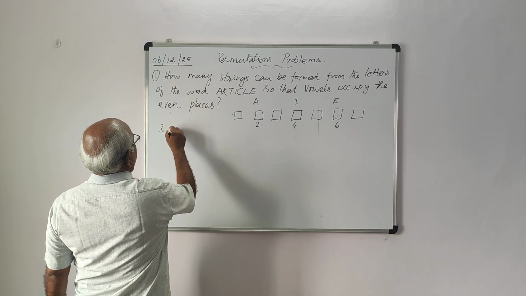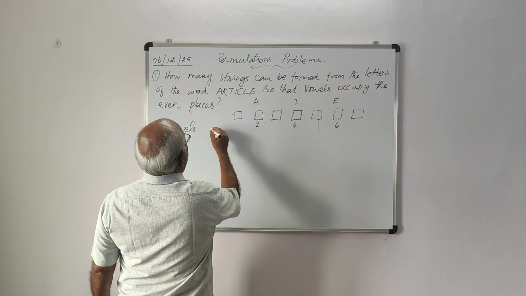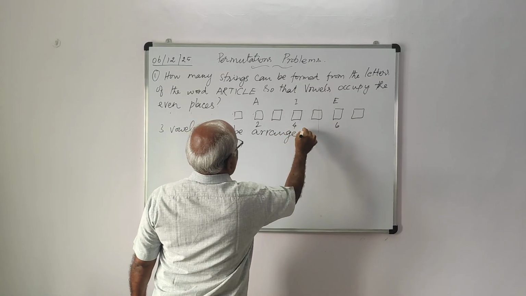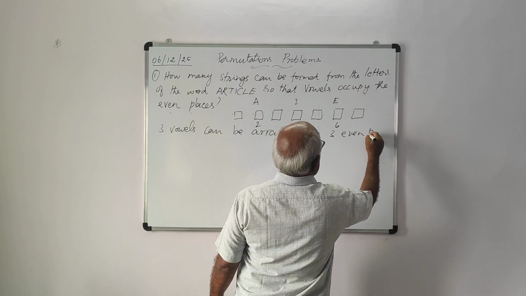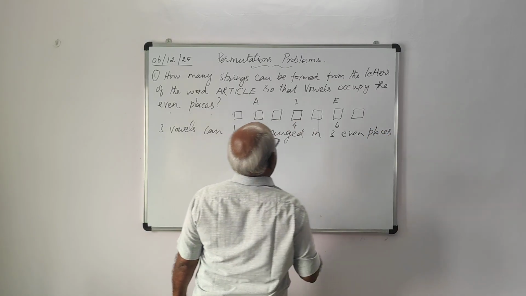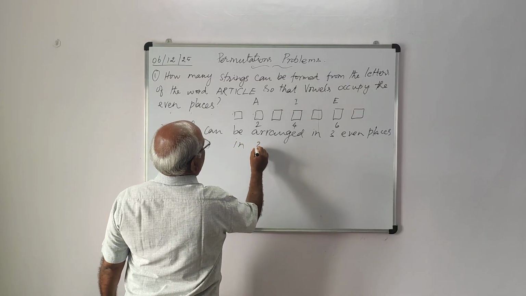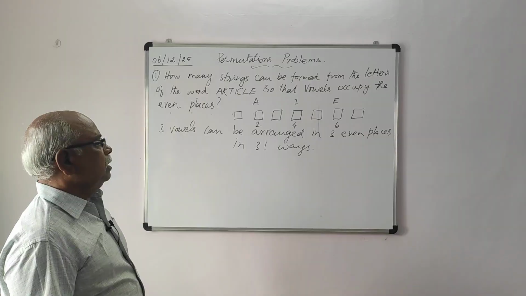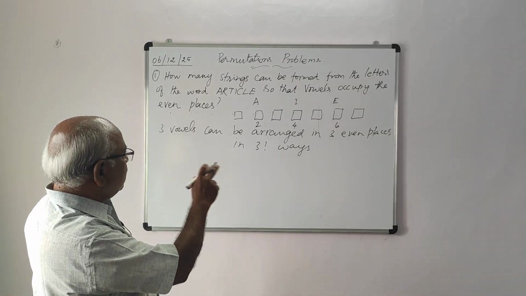There are 3 even places and 3 vowels, therefore they can be arranged in 3 factorial ways.